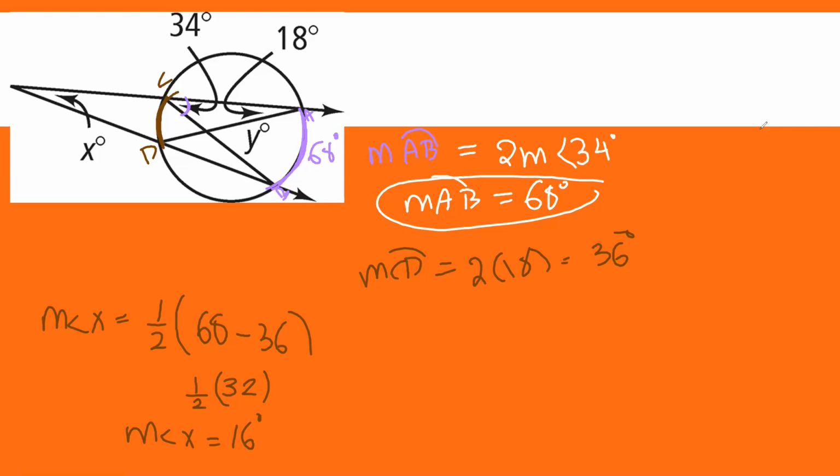Because we know the arcs, so we can now find the angle. It's inside the circle, but it's not on the center. So it is half the two arcs. What is your final answer if it's 68 plus 36 over 2?